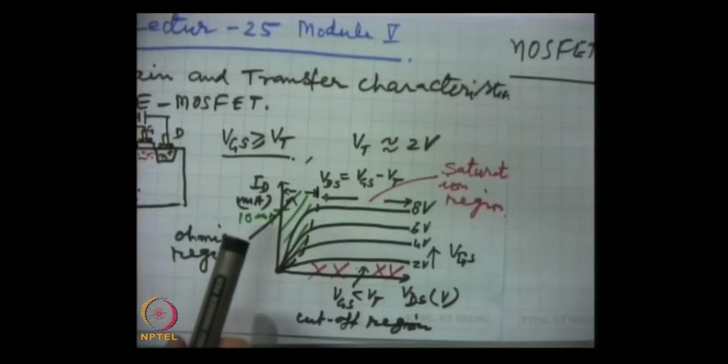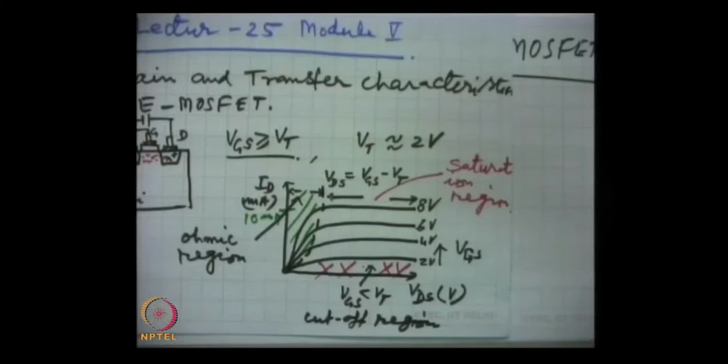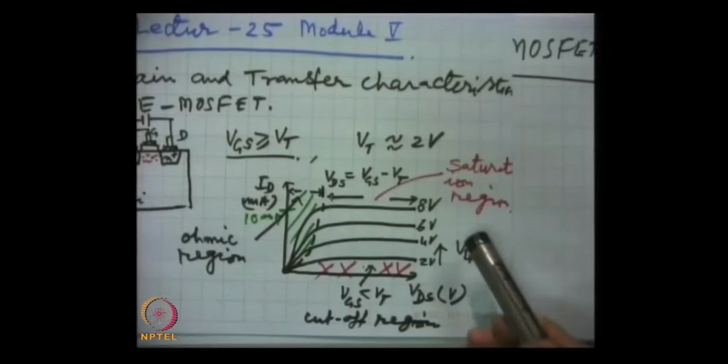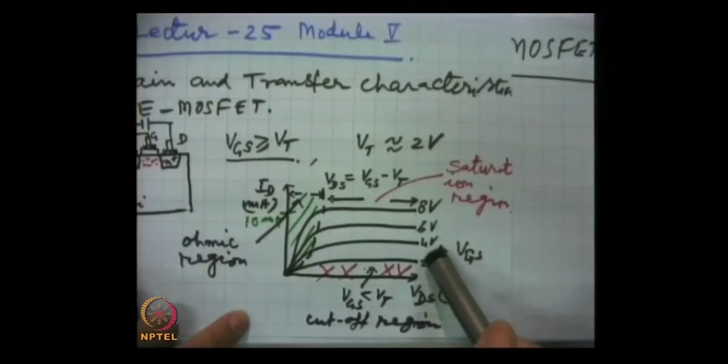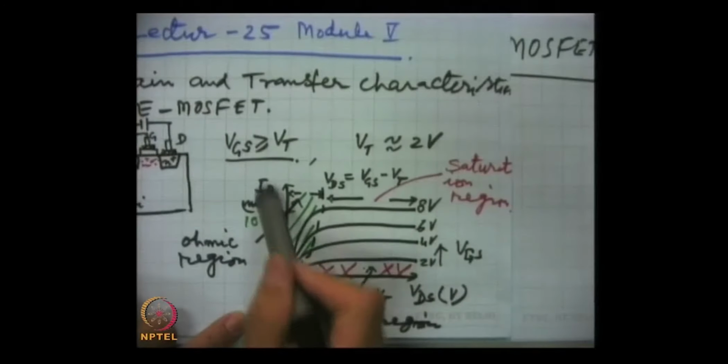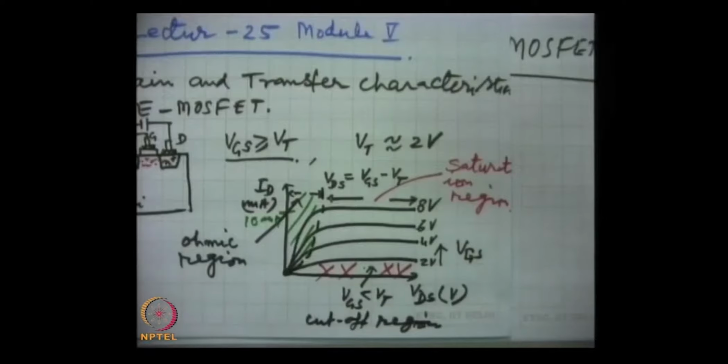These are the two regions used only when the device is to be used as a switch, but for amplifying purposes a linear relationship between VDS and ID is required, and when we have a constant VDS, then as we increase the gate-source voltage, the output current will vary and the device will work. So, we have to bias the device.